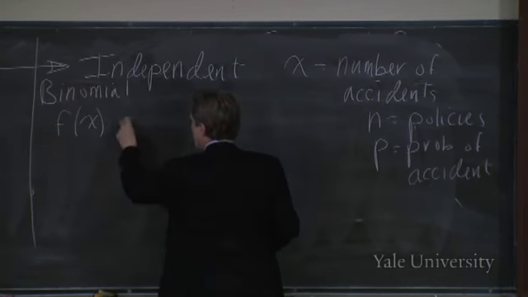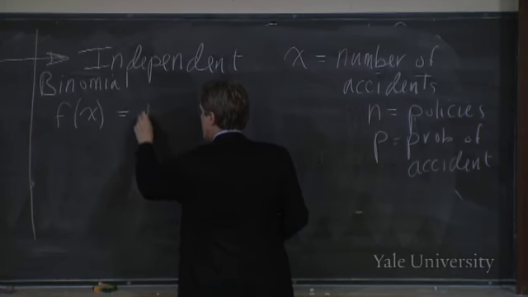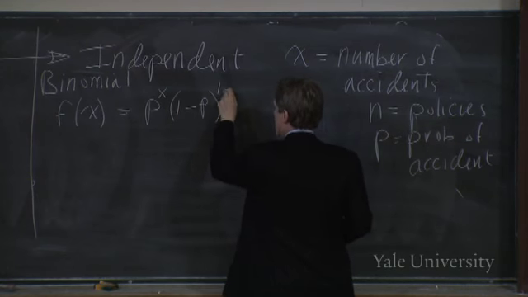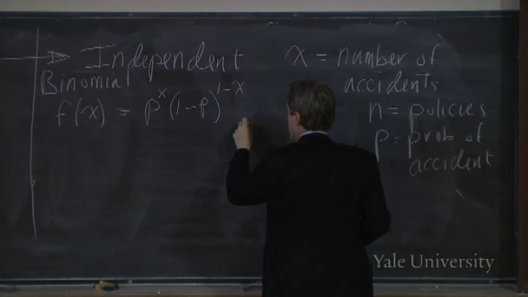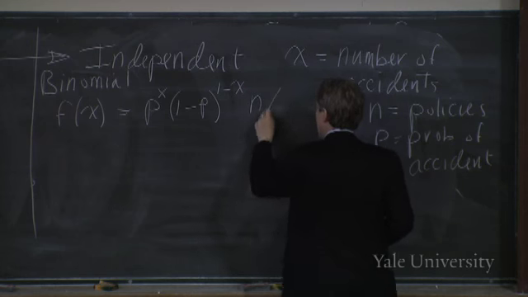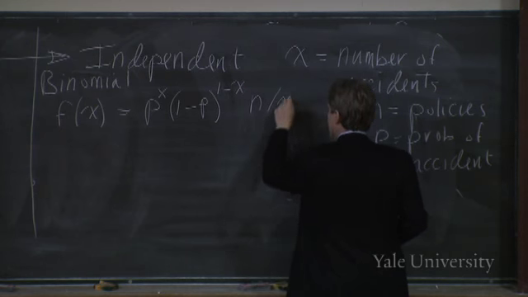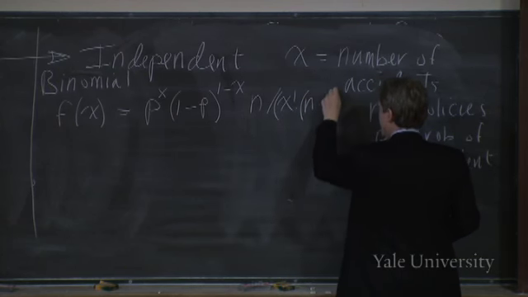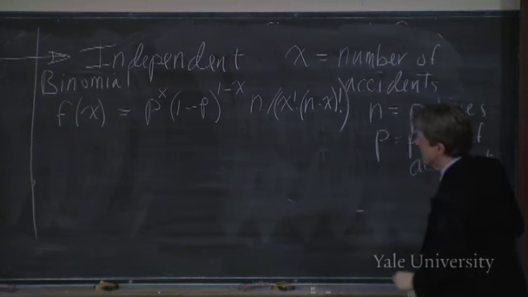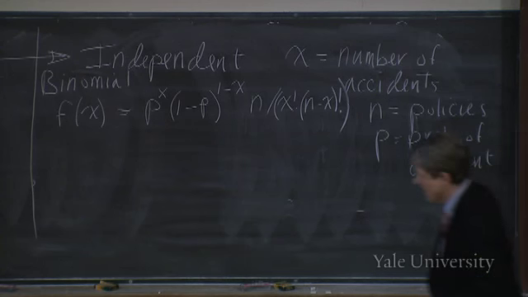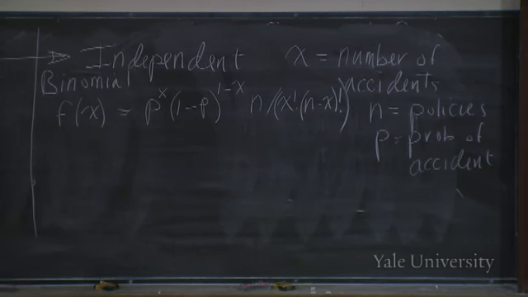That is, it is P to the X, 1 minus P to the N minus X power, times N factorial all over X factorial times N minus X factorial. And so that is the binomial distribution, and it allows you to calculate the probability of any number of accidents.